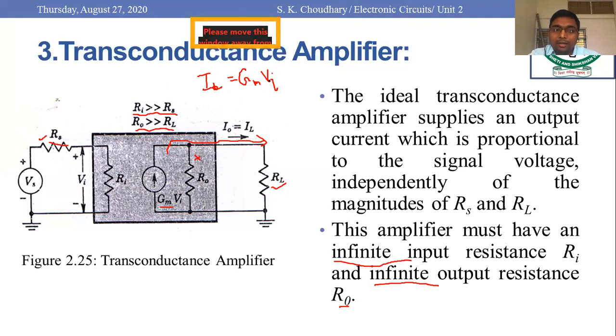We know that Vi is equivalent to Vs. So here the proportionality factor is Gm, and that is equivalent to IL upon Vi, or Vs, whatever. So it is a ratio of output current versus input voltage. That is called transconductance, that we have already discussed in the case of MOSFETs as well.